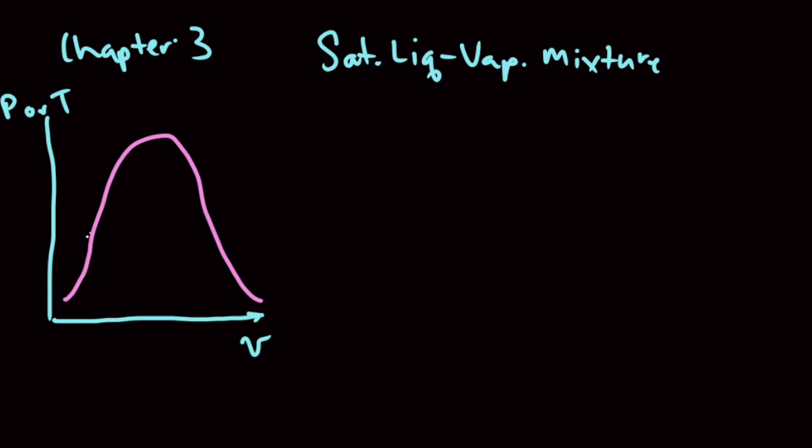And everything on the left hand side of the curve, up into the point here that we call P critical, everything left of P critical on the curve itself is called saturated liquid. And everything to the right of P critical on the curve itself is saturated vapor.